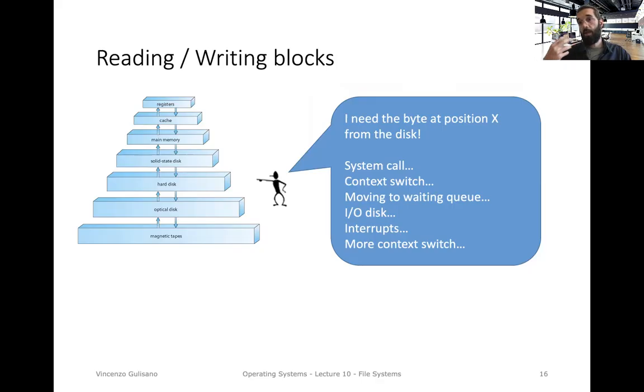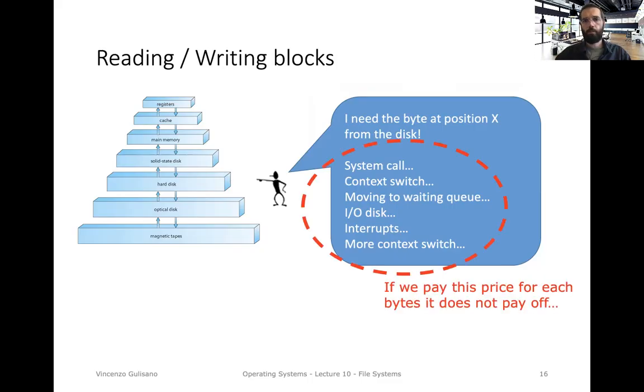So you can imagine that paying all this price every time you need a byte and you have to read a very large file doesn't really make sense, right? It's too much. So instead, if we read or write something, we take a chunk of the file, because, similar in spirit to the concept of locality, if you need a certain byte, most likely you also need bytes that are around that one.